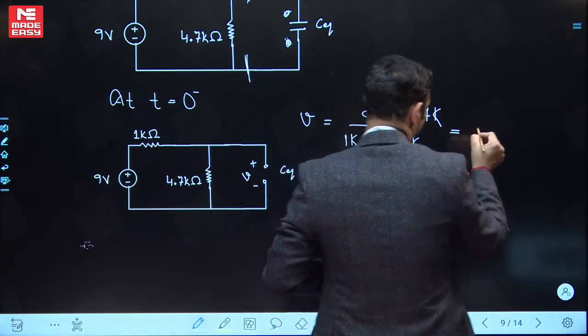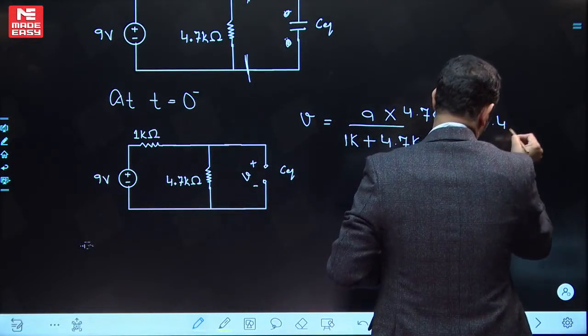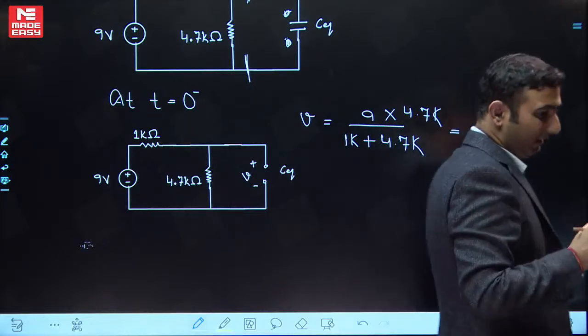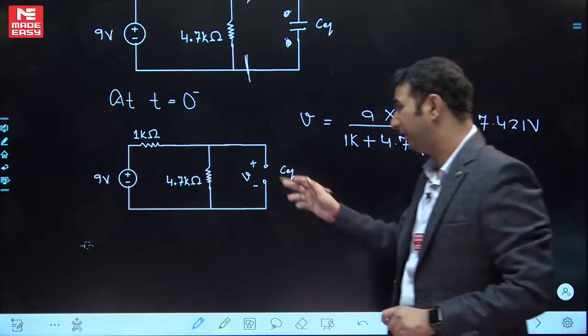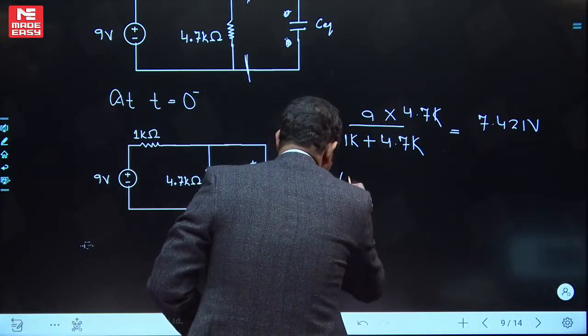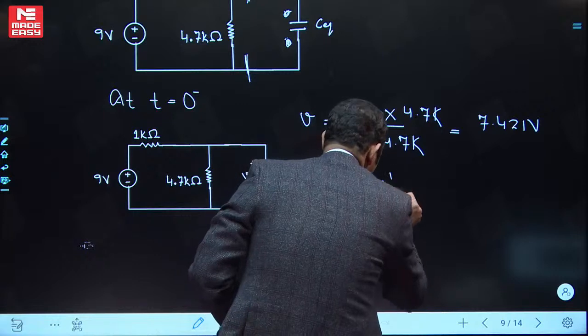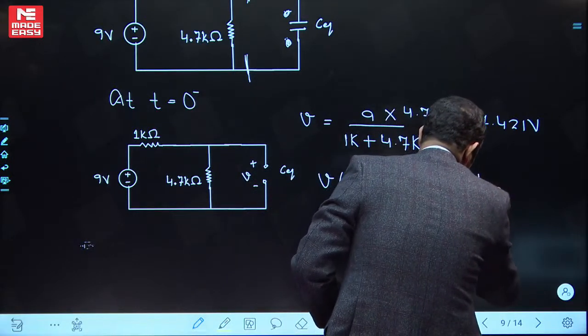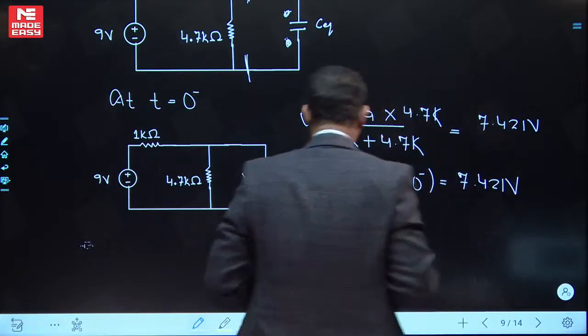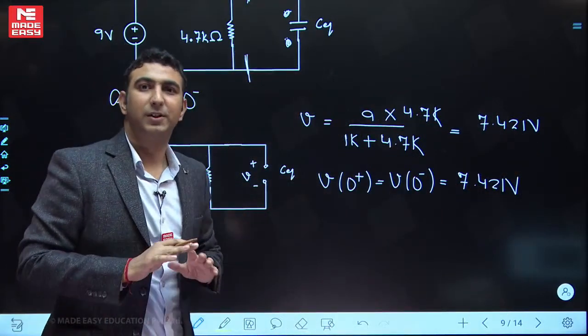And if you solve this, I think this should be 7.421 volts as the value. So this is the initial voltage you're getting for this capacitor combination, that is V0 plus, which is the same as V0 minus. This is coming as 7.421 volts.